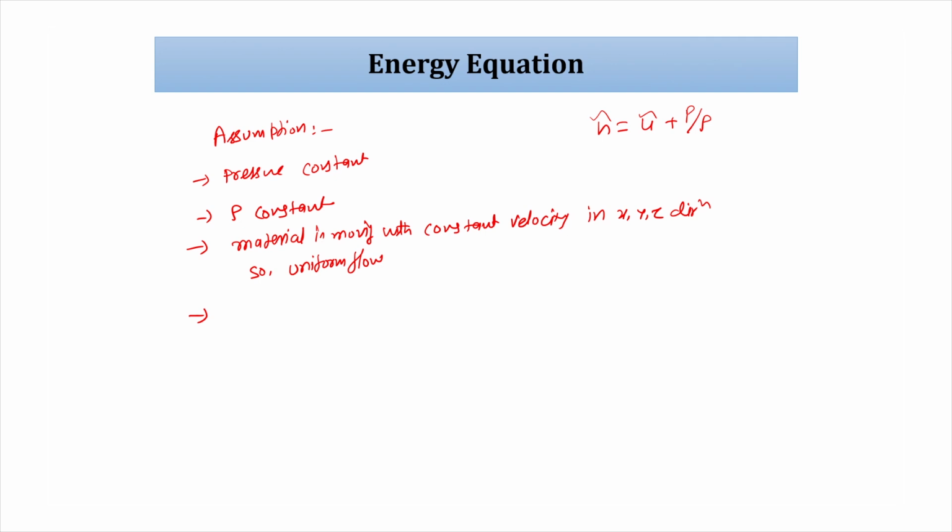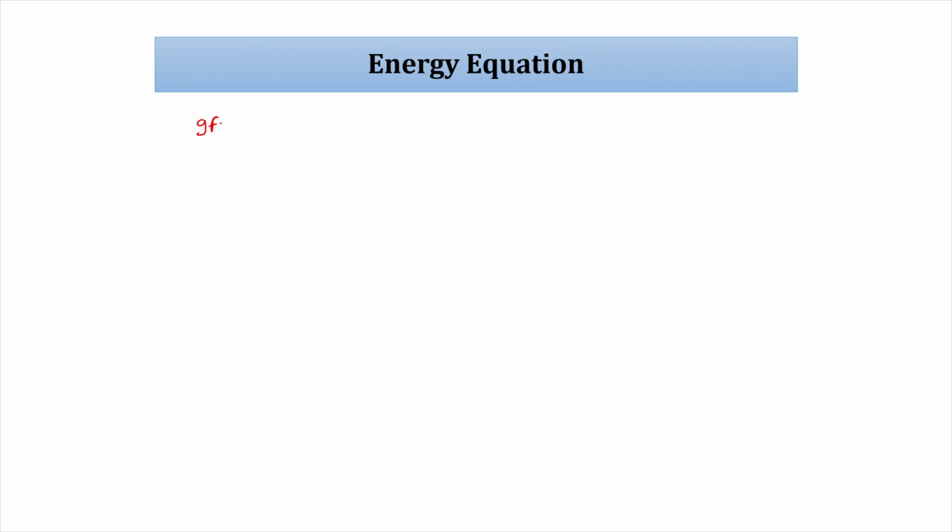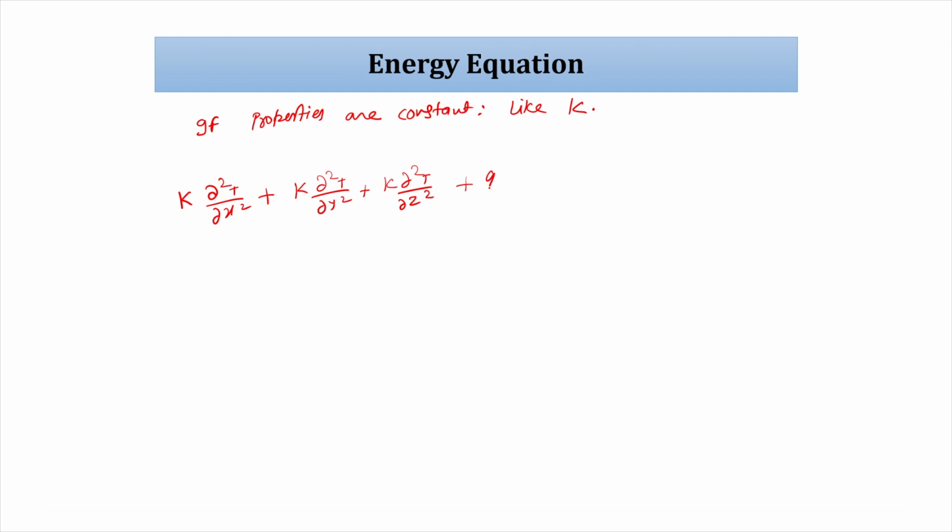Now, if properties are constant like k, so what can we write? K can be written as rho Cp.